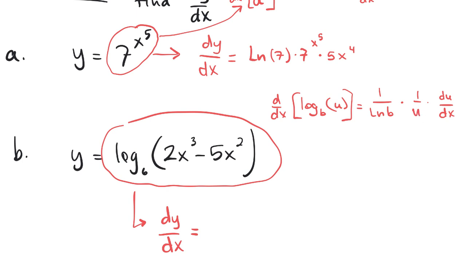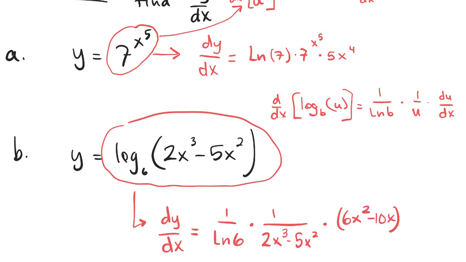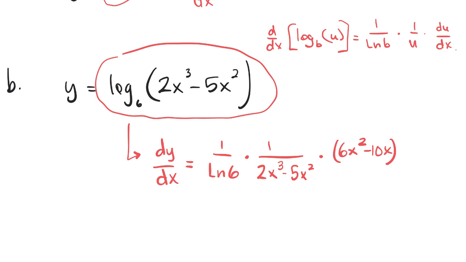So here we go. 1 over the natural log of b, in this case that's the base, 6, so 1 over natural log of 6, and then 1 over u. Now we need to multiply this by u prime, or du dx, so the derivative of the inside part here, 6x squared minus 10x.